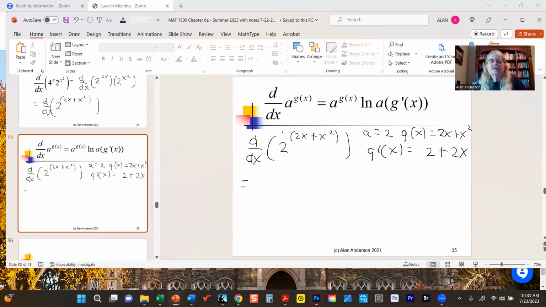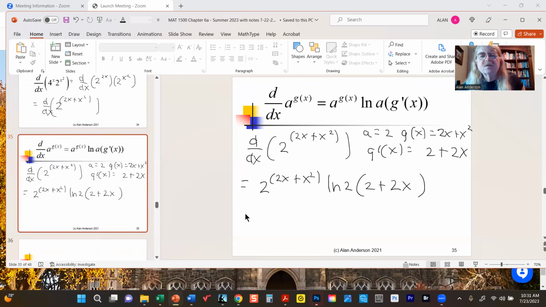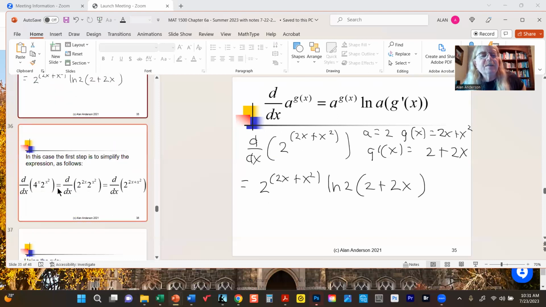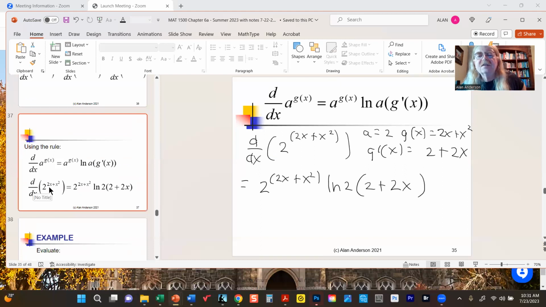So we end up with a to the g of x, the original function, times the natural log of 2, times g prime of x, which is 2 plus 2x. Okay. And you might as well just leave it like that. I don't see any benefit from simplifying that. It's fine the way it is.